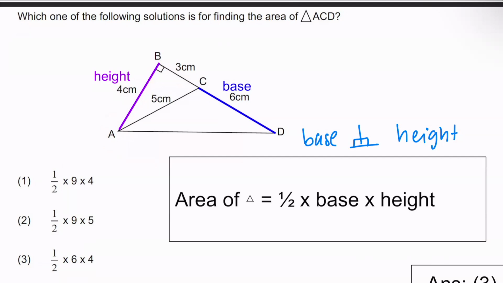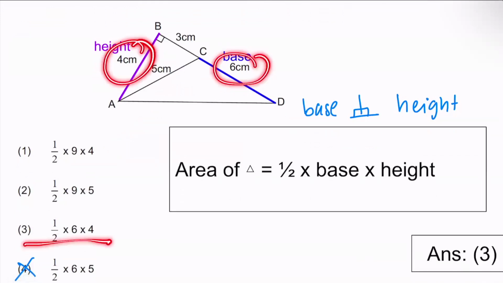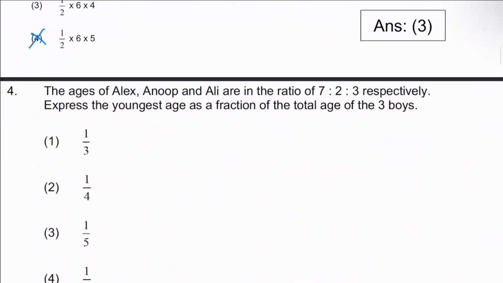Okay, so this is the perpendicular line here, which is 4 cm. So the answer is half times 6 times 4. Okay, so that your answer is number 3. All right. Next question. Question number 4.